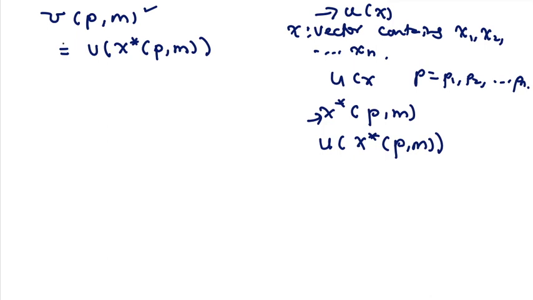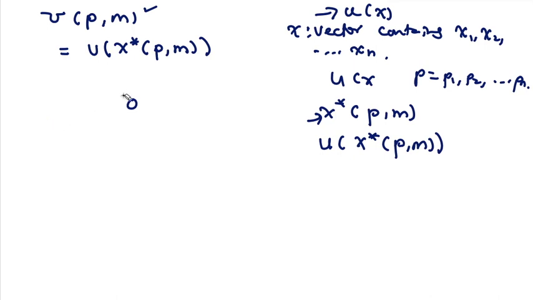So we need to differentiate the indirect utility function with respect to income, and we need to find the answer is positive. So how do we do it?